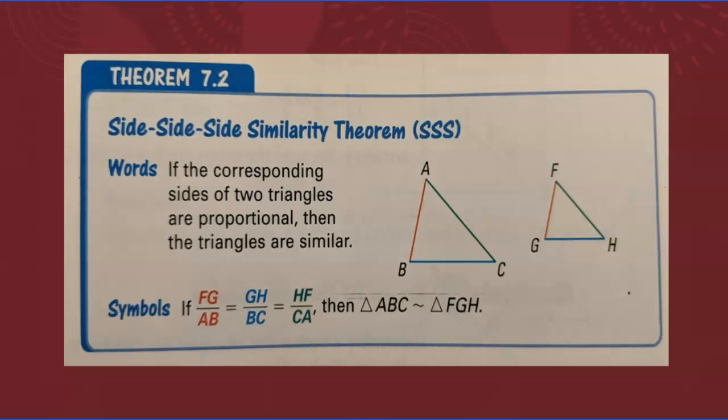Remember, that doesn't make them equal, it just makes them similar. So if we look at the symbols, we've got FG is proportional to AB, GH to BC, and HF to CA. That then makes this the similarity statement. Triangle ABC is similar, remember the little squiggly snake, to triangle FGH.